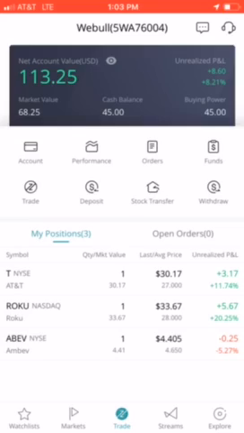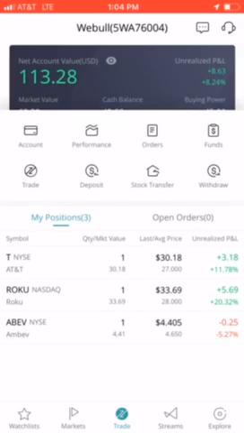Now, you'll see T is AT&T, Roku, and ABEV is Ambev, which is the free stock that I was given by WeBull, which is coincidentally the worst performing one. But right next to symbol, there's quantity, market value, last average price, and then unrealized profit and loss.